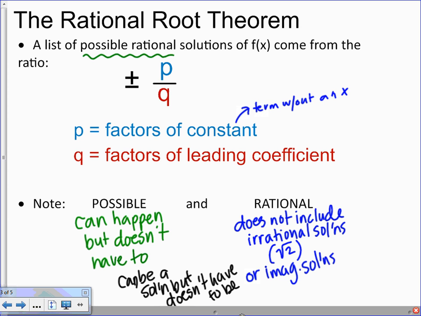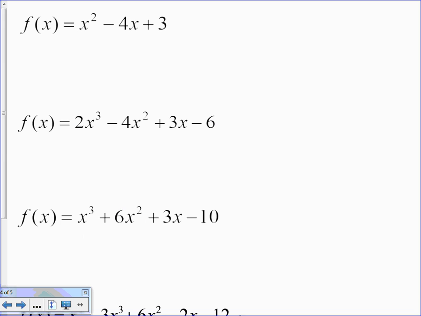Okay. So we're going to look at some examples of what this P and Q thing actually means. So follow along with me. We're going to do the top example right here. F of x equals x squared minus 4x plus 3.